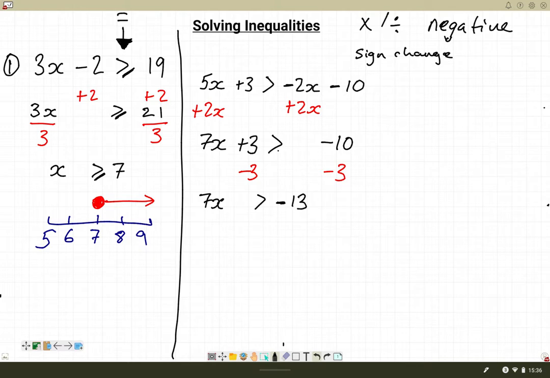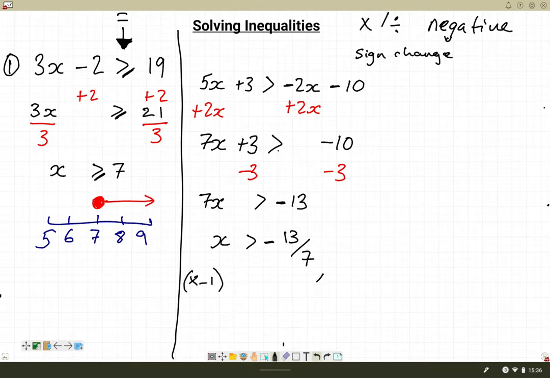And then I get the answer if I divide by 7 on both sides: x is greater than minus 13 over 7.